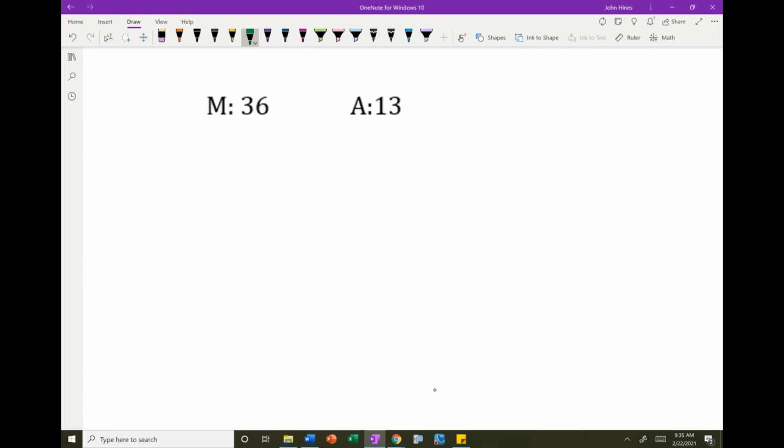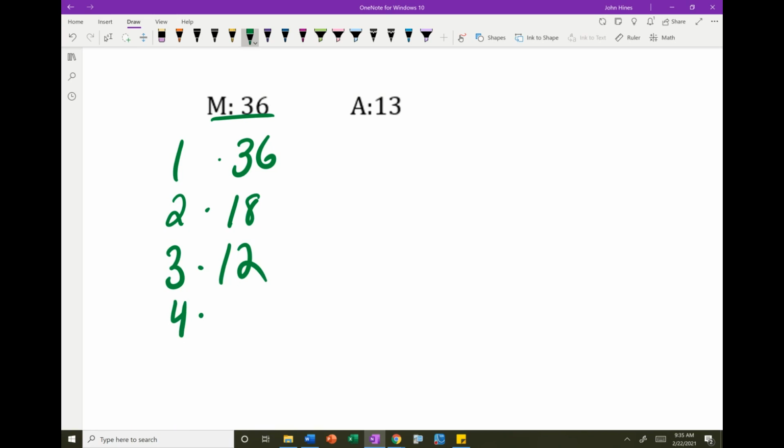36 is a big one. 1 times 36. We always start with our multiply. 2, again, use your calculator, divide. 3 times 12. 4 times 9. 5 doesn't divide in nicely. 6 times 6. Yeah, we already made this chart before.